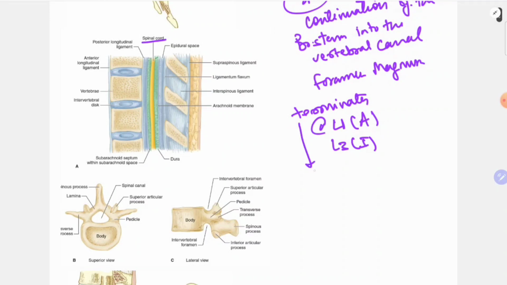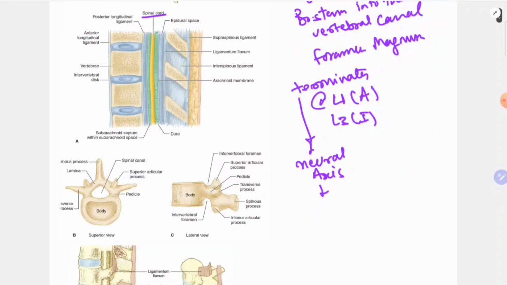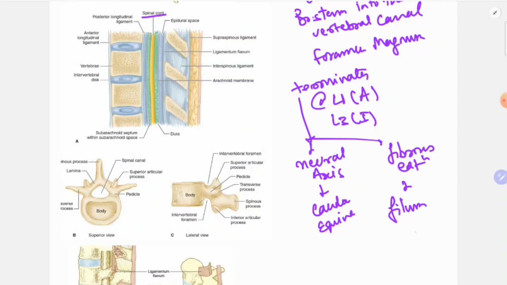And when it terminates, it has two extensions. One is the neural extension, that is the nerves. They form a bunch, and that bunch is called the cauda equina. And the fibrous structure also extends, and that fibrous extension is in the form of filum terminale, right?